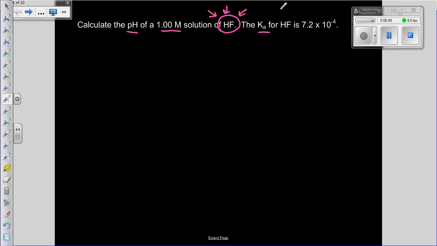If they give you a Ka, it is screaming at you that the acid is weak, because you won't be given a Ka for a strong acid. If you have a strong acid, you're going to do the negative log of the hydrogen ion concentration. If you have a weak acid, you have to do an equilibrium problem.